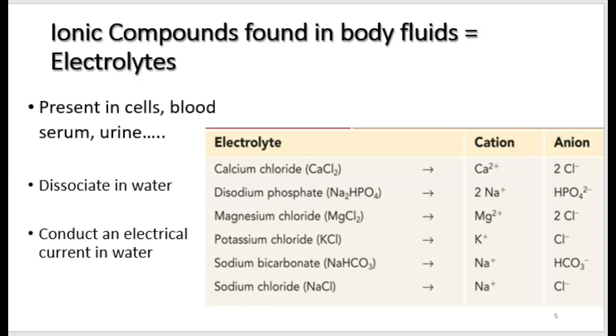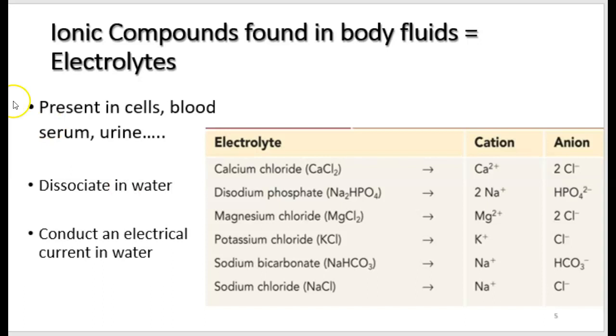You may have heard this term electrolyte in the past, and electrolytes are simply ionic compounds found in body fluids. And usually when people talk about keeping an electrolyte balance, they're talking about making sure that your hydration status is stable.